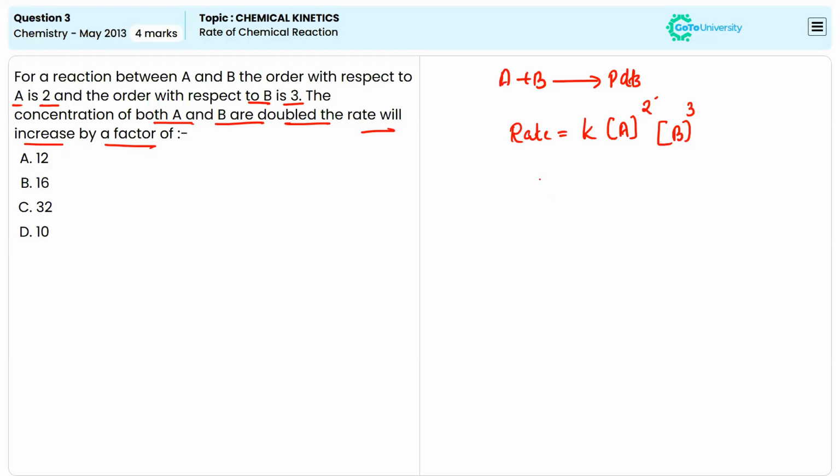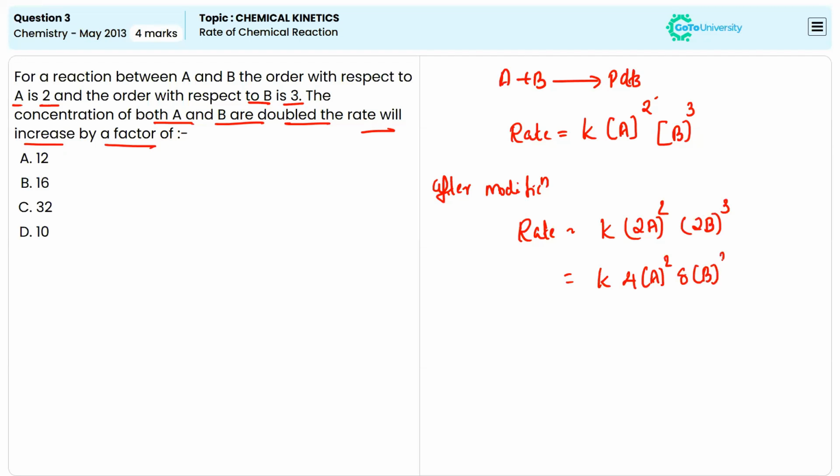So after the modification in the concentrations, the rate becomes K times 2A the square times 2B the cube. So we can write it as K, 2A square means it will be 4 times A to the power 2, and 2 cube means it will be 8, so 8 times B to the power 3.